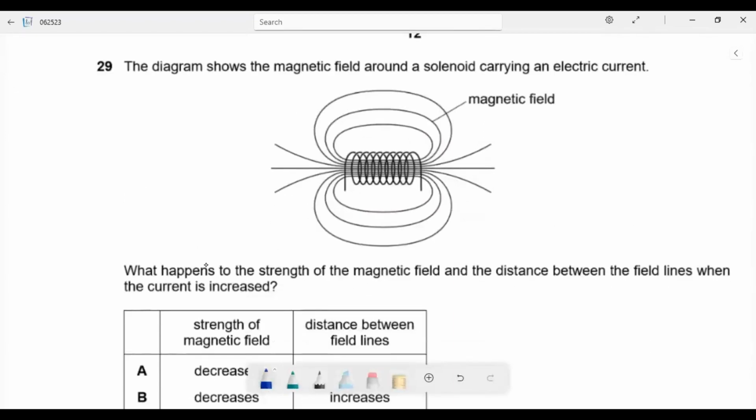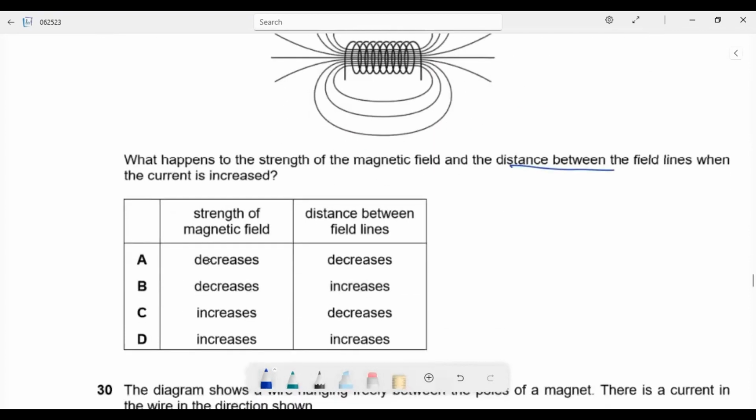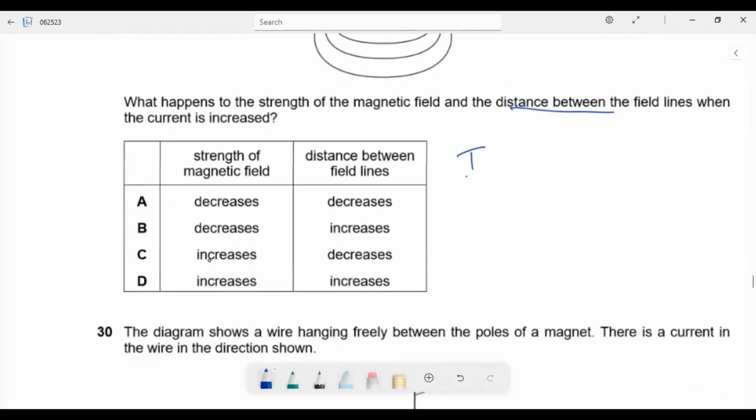The diagram shows the magnetic field around a solenoid carrying an electric current. So this is the magnetic field. What happens to the strength of the magnetic field and the distance between the field lines when the current is increased? As the current increases, automatically the strength of the magnetic field also will increase.